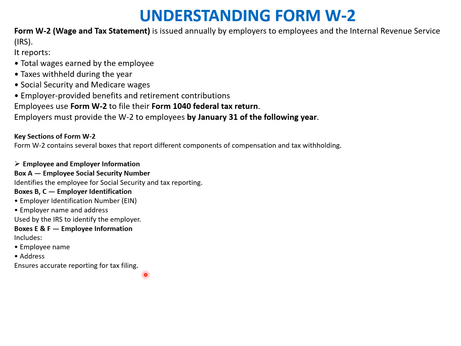So these are basic information of both the employer and employee to identify the employee through their Social Security number, and likewise the employer with their identification number, so that the IRS is clear whether the employer has provided all the necessary information and complied with all the formalities. We'll move to the next slide and see all the relevant boxes of the Form W-2.